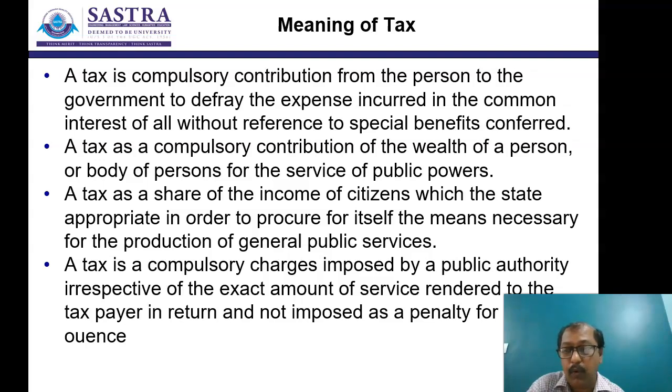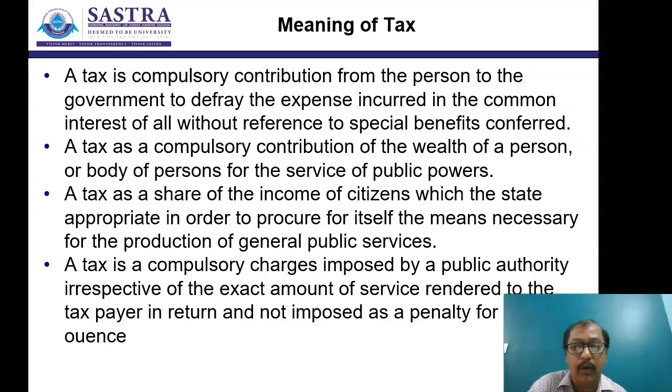So we need to understand what a tax is basically. A tax is a compulsory contribution from the person to the government to defray the expenses incurred in the common interest of all the people without reference to the special benefits conferred.